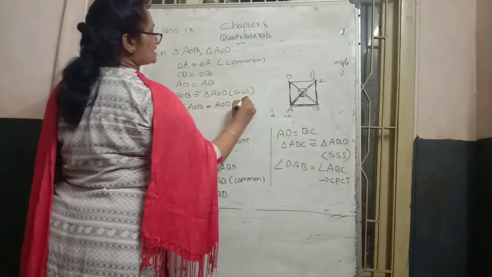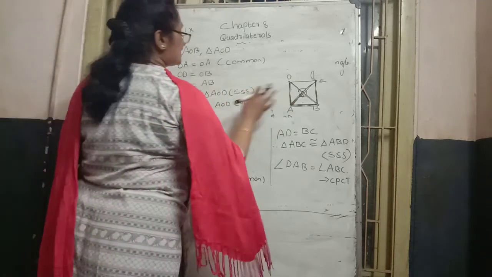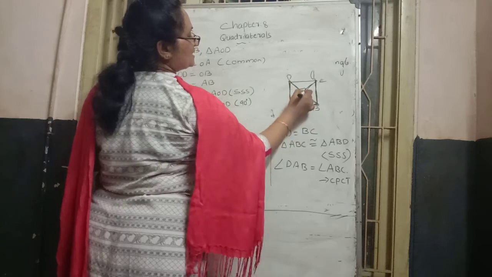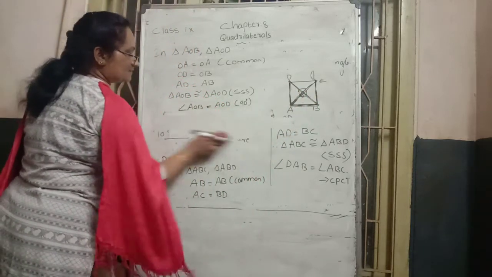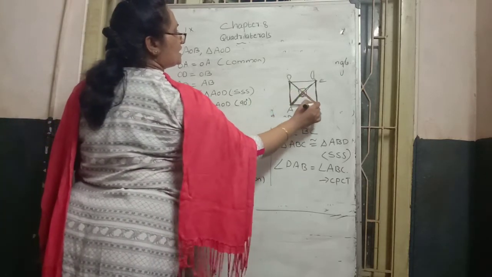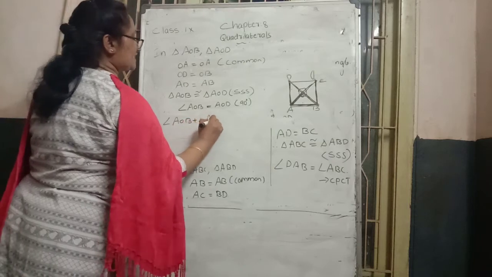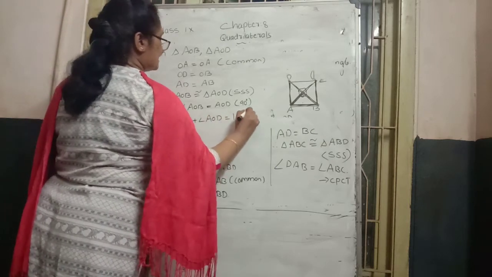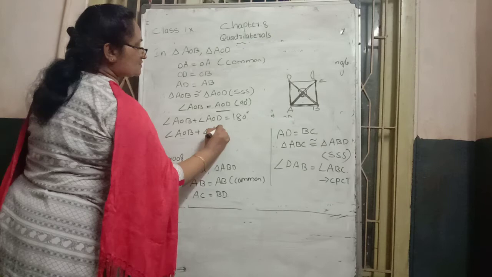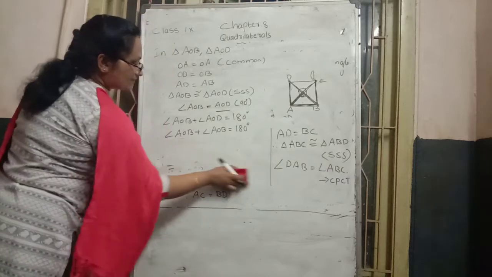Both of them are equal. Applying the linear pair property, the sum of the two angles is 180 degrees. So angle AOB plus angle AOD is equal to 180 degrees. Since both are equal, we can write AOB in place of AOD.